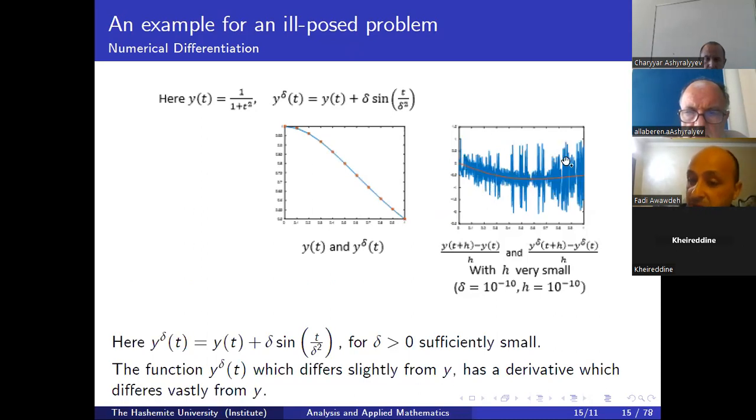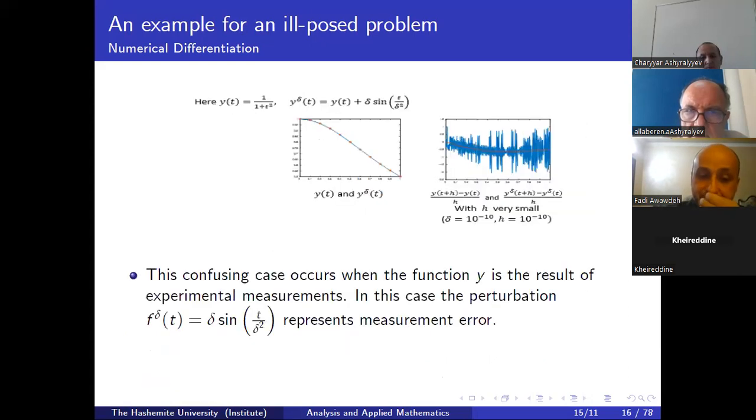which is in blue, which means that a small change in the measurements or the input data leads to a huge, or catastrophic, variation of the solution. So here, this confusing case occurs when the function y is the result of experimental measurements.